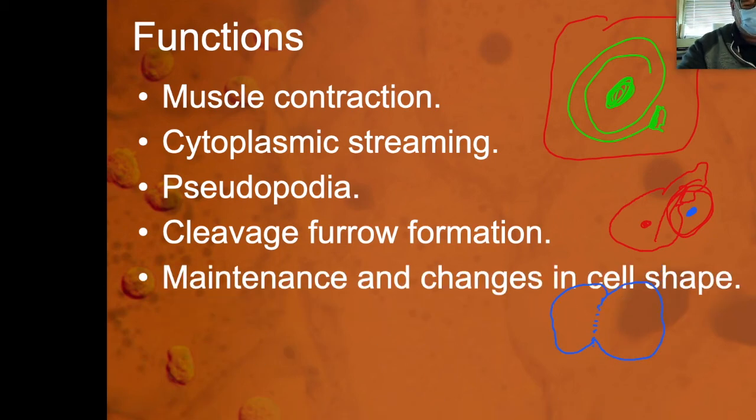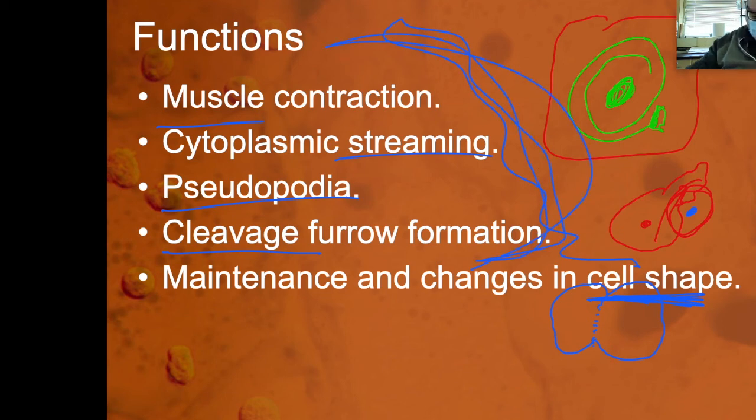Anything that has to do with changes in cell shape is going to be part of this. So these functions: muscle, streaming, pseudopods, cleavage, and anything that changes cell shape, which is what all these up here do, okay? These are all changes in cell shape.